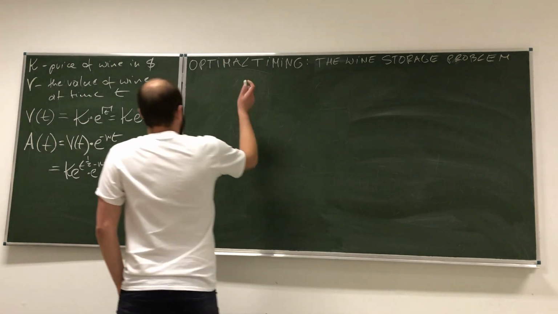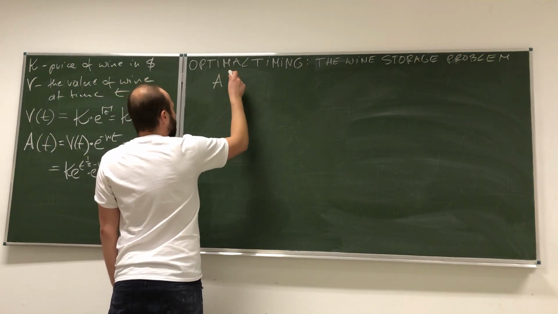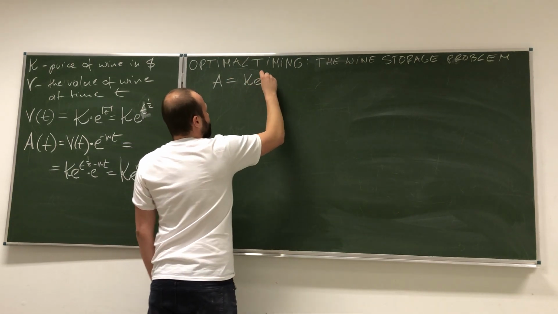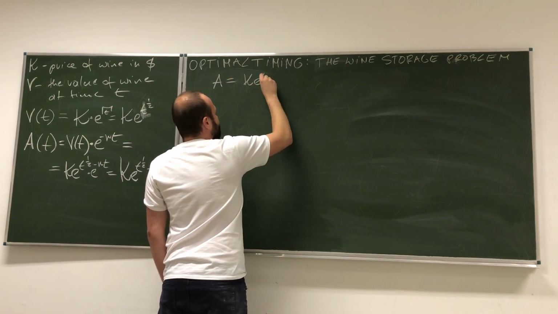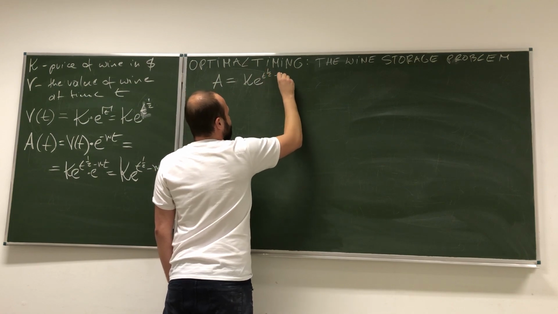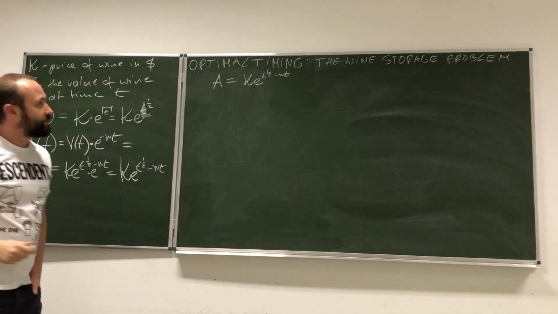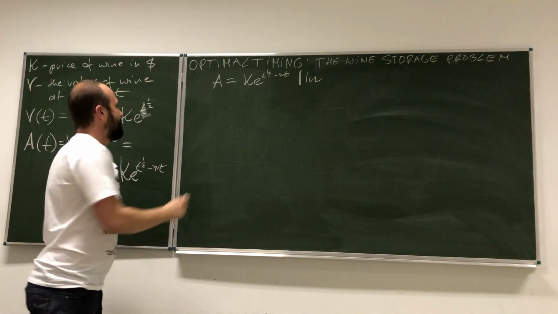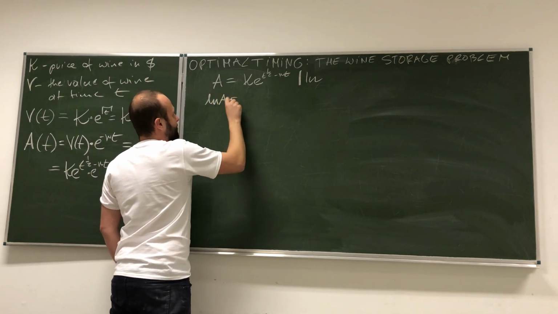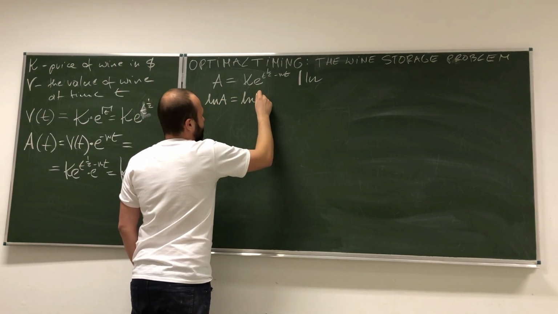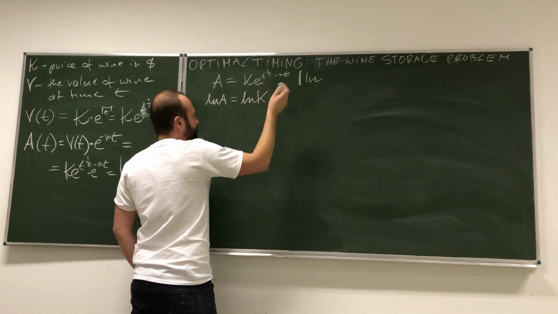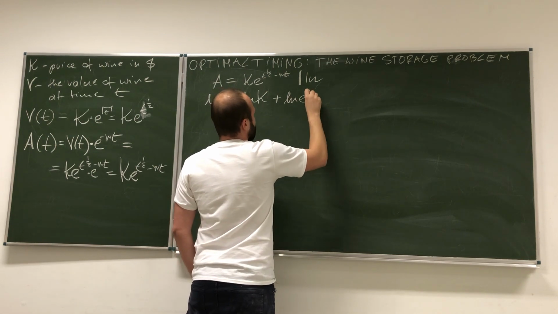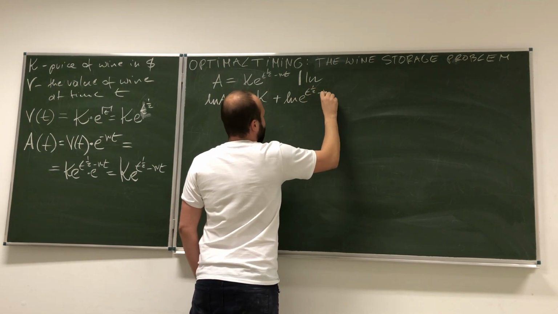So, look, the function that we want to maximize is A equals k e to the power t^(1/2) minus rt. Okay, so first thing we're going to do is to logarithmize both sides, right? We are getting ln A equals ln k plus, okay, let's do it in many steps, ln e to the power t^(1/2) minus rt.